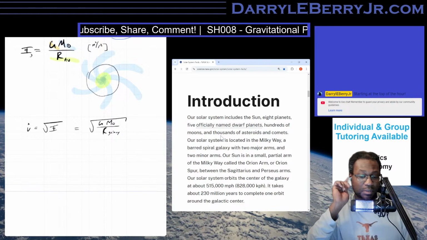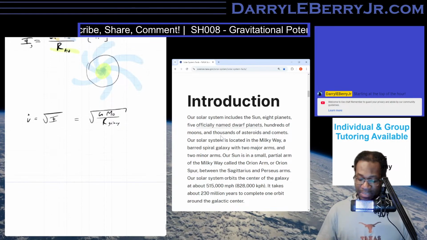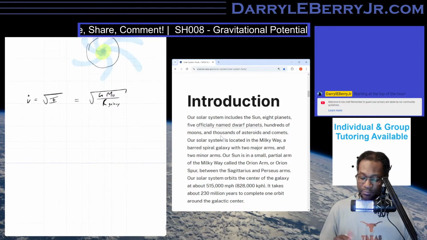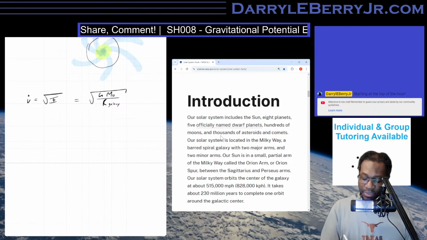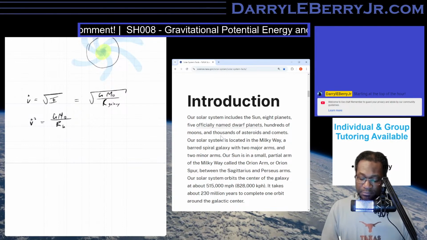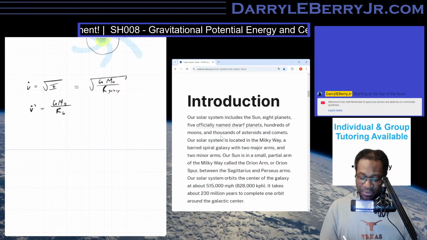That gives us two unknowns. Well, we're treating it as a symmetric thing, so we could easily get the radius. So then we'll say V squared equals G M naught over R galaxy. And we can solve for the mass with this simplification.